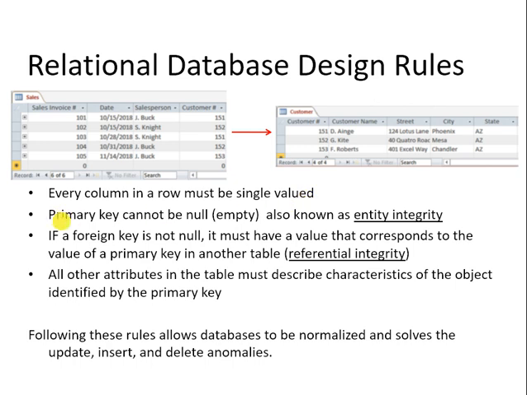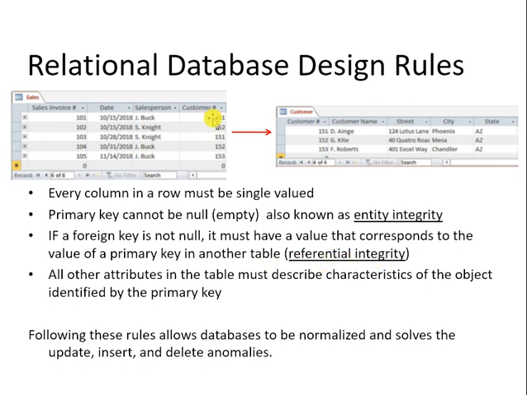Then the primary key cannot be null. We must have a primary key. This is known as entity integrity. If a foreign key is not null, it must have a value that corresponds to the value of the primary key in another table. This is called referential integrity.